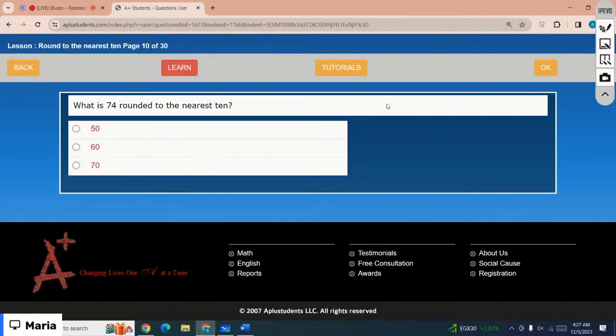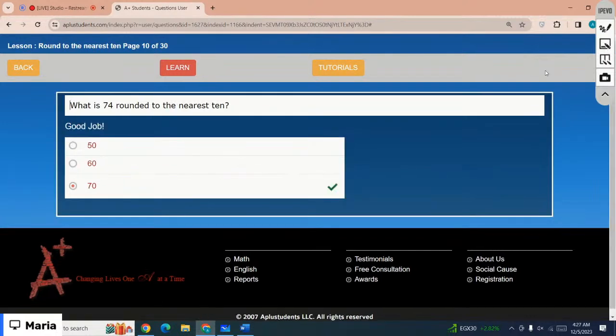Yes, the correct option is 70. 74 is rounded off to 70. The correct option is 70.